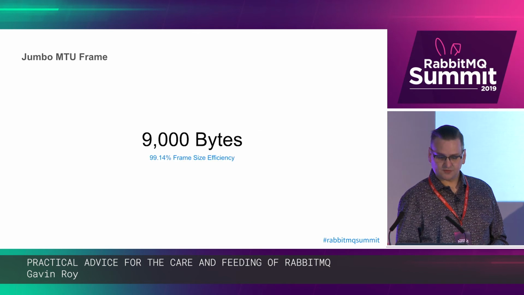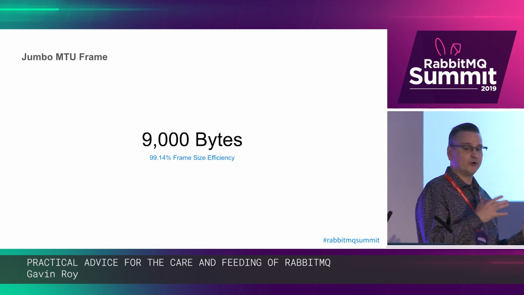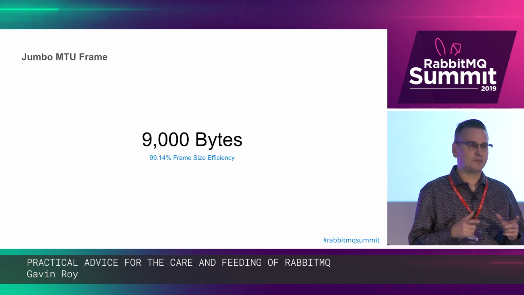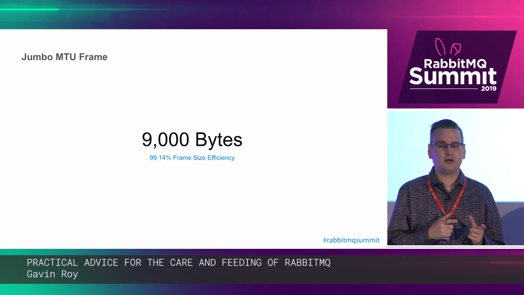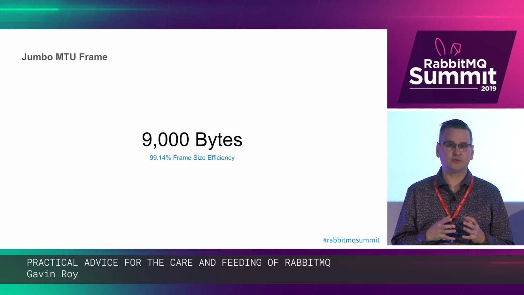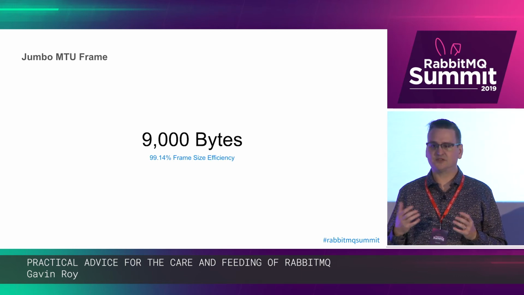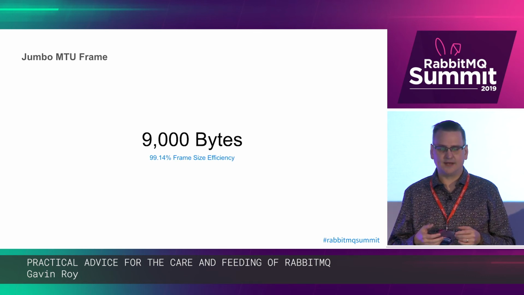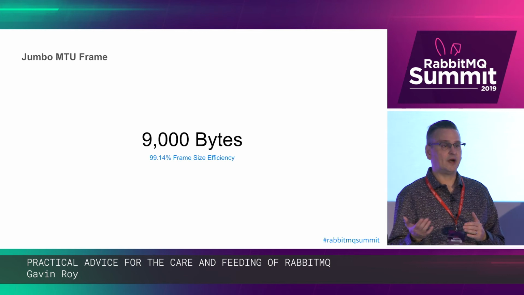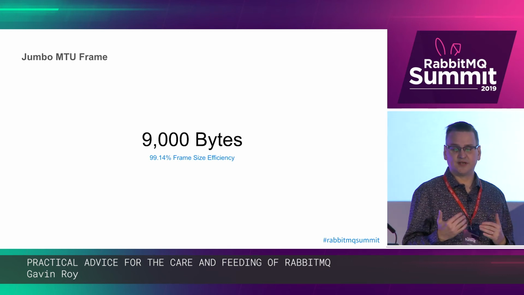And that finally brings me to talking about jumbo frames. So 1,460 bytes is probably okay for a lot of the RPC style messages going back and forth between Rabbit, but if you have messages that are larger than, let's say, a K, you probably want to be thinking about how can I optimize my networking side of things.